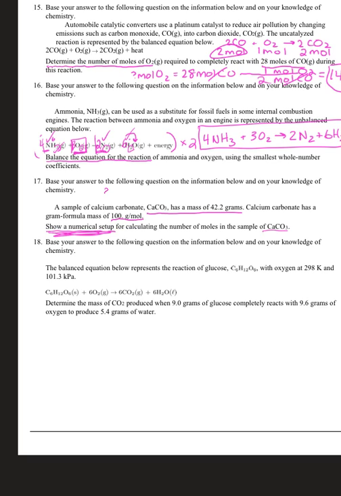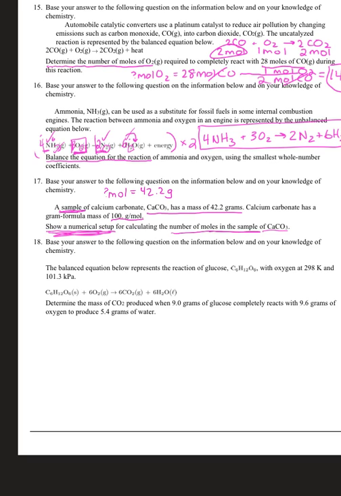So how many moles are in 42.2 grams, right? How many moles in the sample? It tells me the sample has a mass of 42.2 grams. So that's the question. That's the setup. That's what we're looking for.